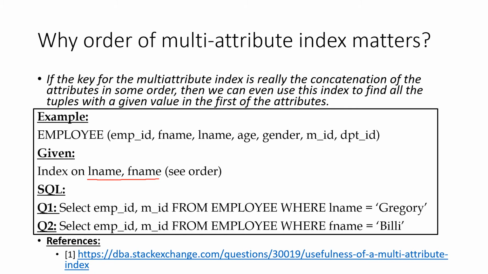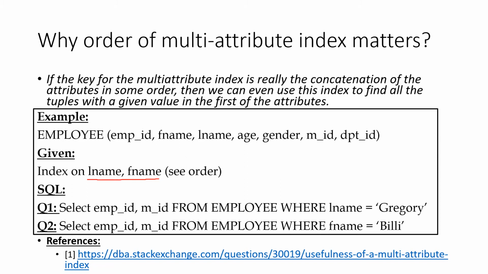So if we try to search the employee table with the last name Gregory, then the DBMS will check the index file, look for the last name Gregory, and will immediately get the references for all those tuples. But if we try to search only with the first name, then the DBMS does not have any track. It only knows the last name in sequence.